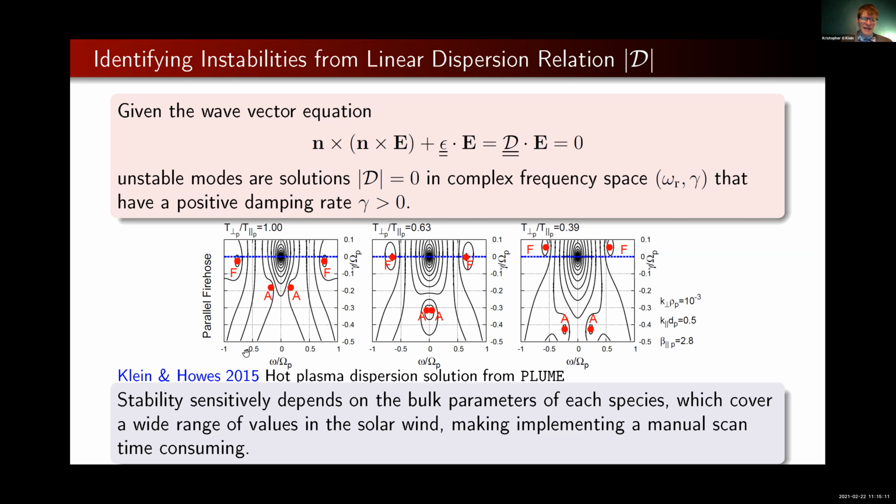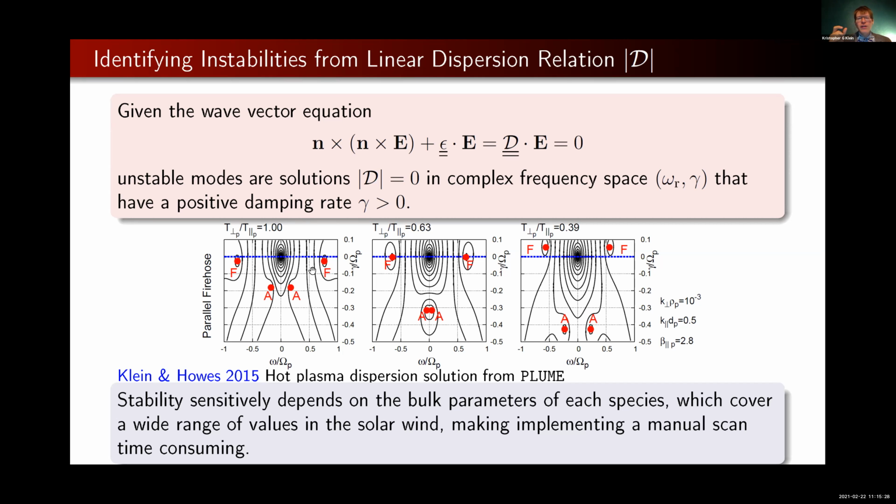Just to illustrate that, if you plot as a function of the real and imaginary components of the frequency, I've highlighted here in red where the actual solutions to this dispersion relation are.